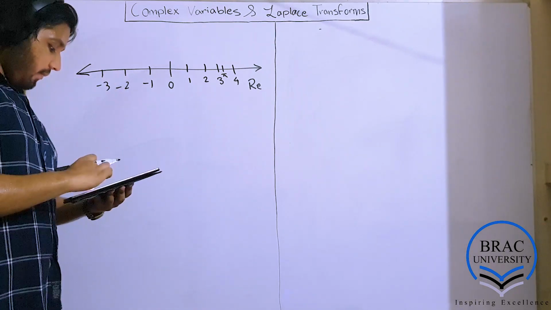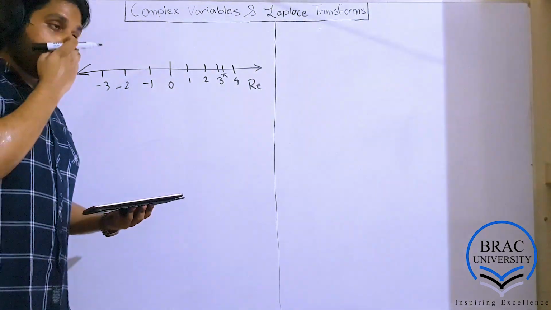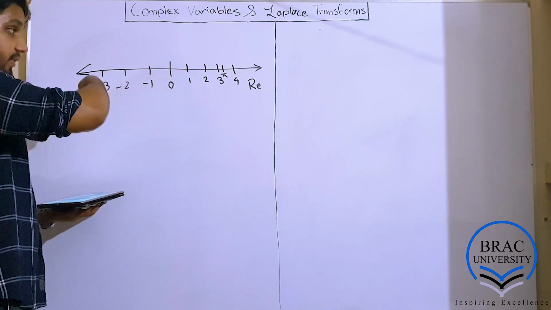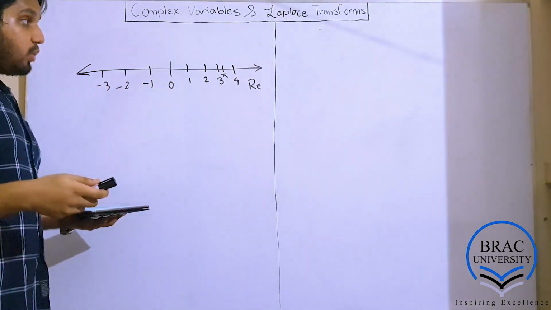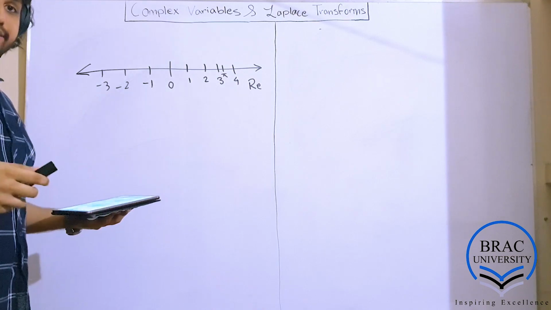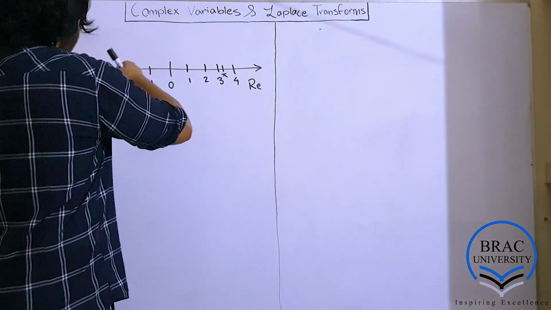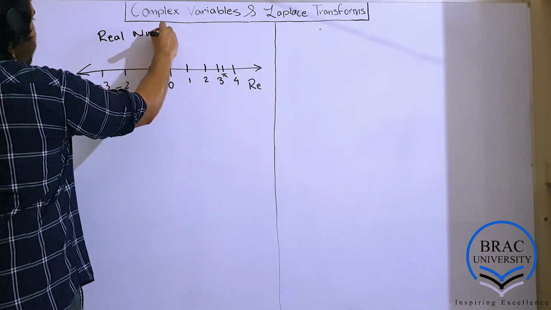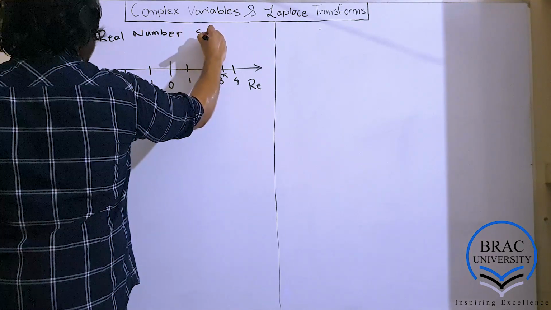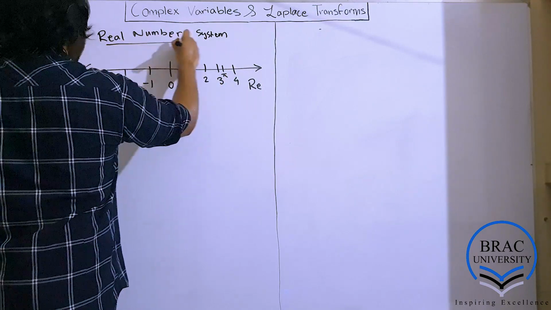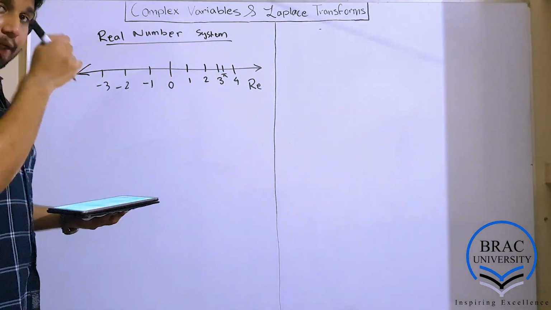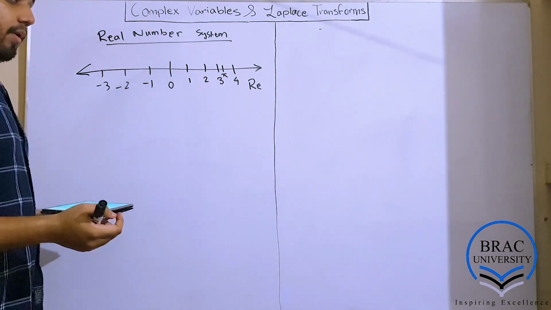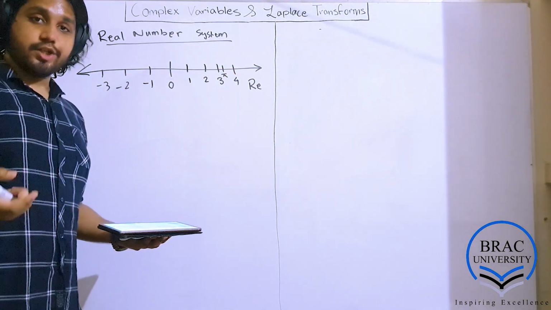So, what are complex numbers? If we stick to the approach of graphically explaining the number system, we can extend this definition to the complex number system as well. For the real number system, it's a one-dimensional line. But for the complex number system, we make it a two-dimensional plane.